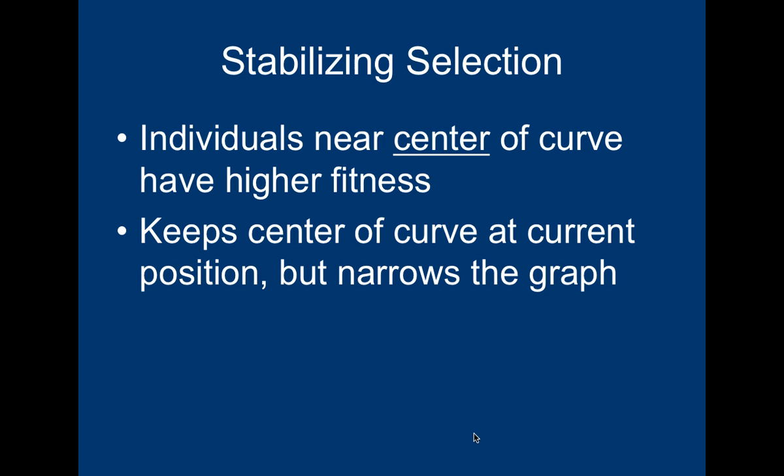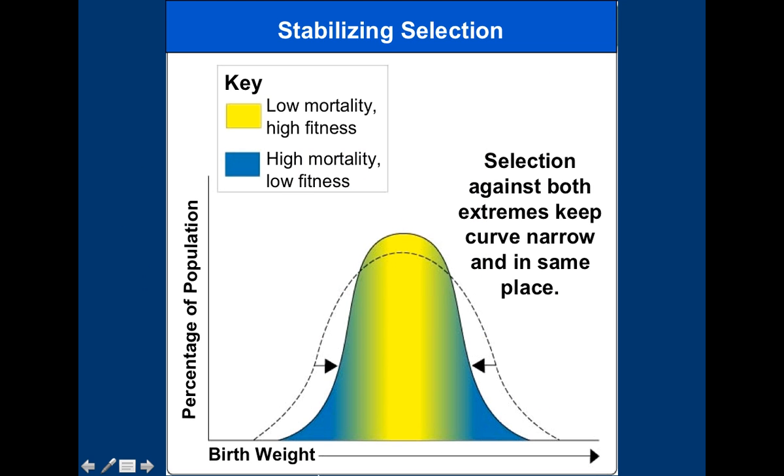So the center stays at the current position, but the graph itself narrows. So this is what you kind of see here. We've got birth weight versus percentage of population. So selection against the extremes, for whatever reason, narrows the curve but keeps the curve in the same place. So it kind of gets a little bit taller in the center, but it doesn't shift left or right.